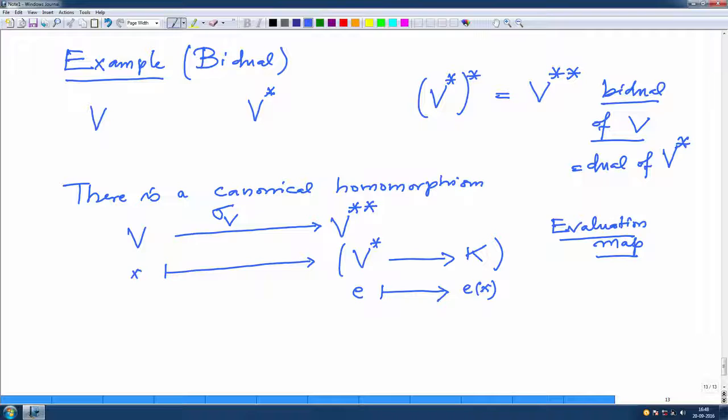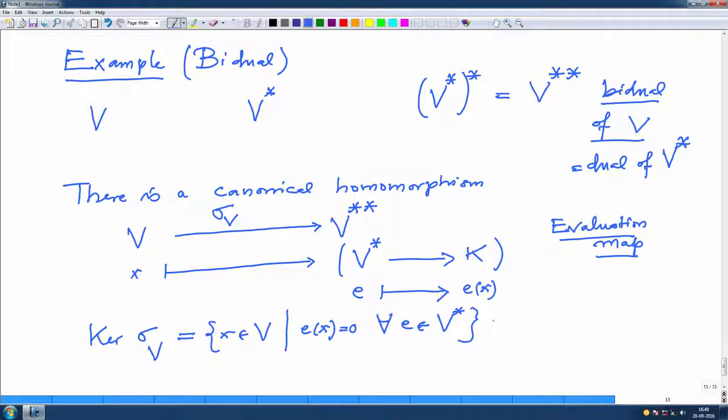Okay. So let us write down what is the kernel of this. So the kernel of sigma v is by definition all those vectors x in V such that it goes to 0. That means every linear form should vanish on x. So that means E of x should be 0 for every E in V star.